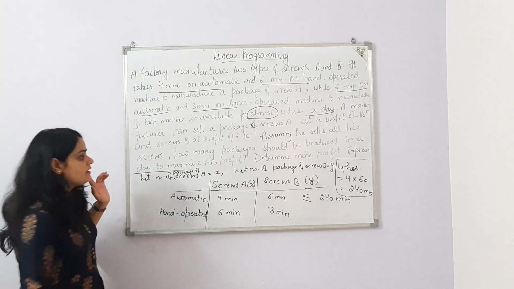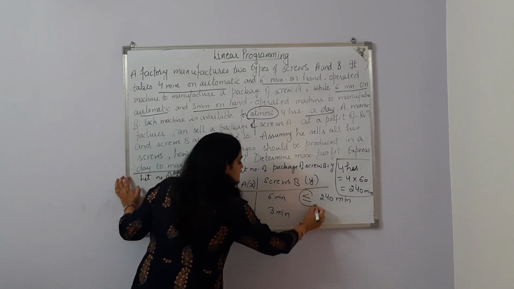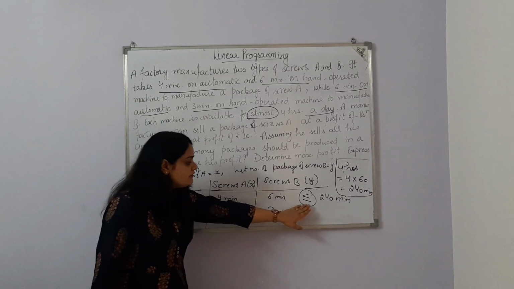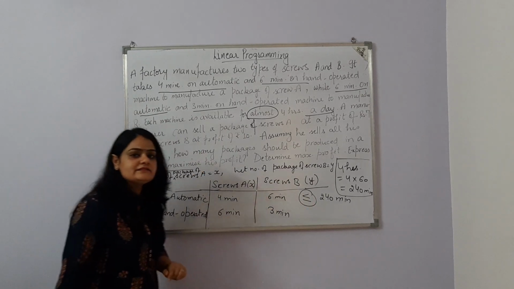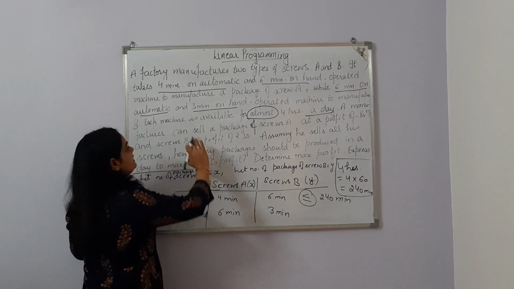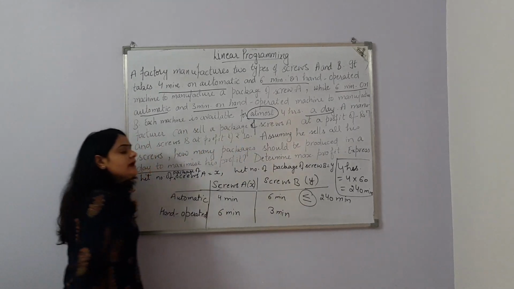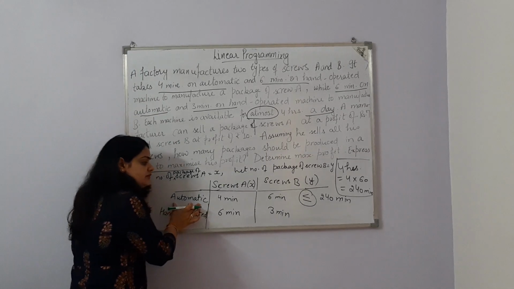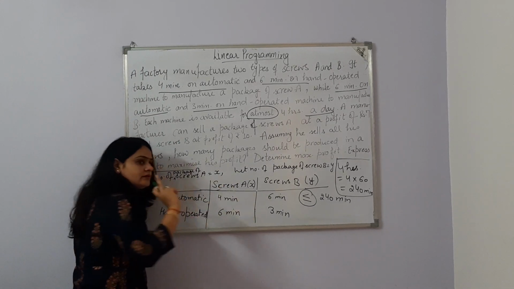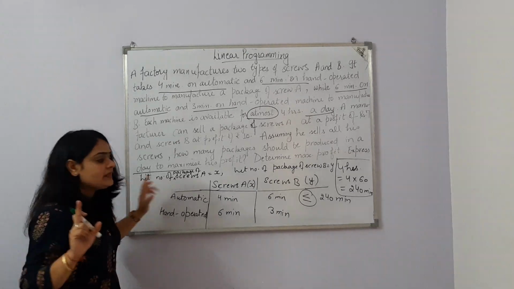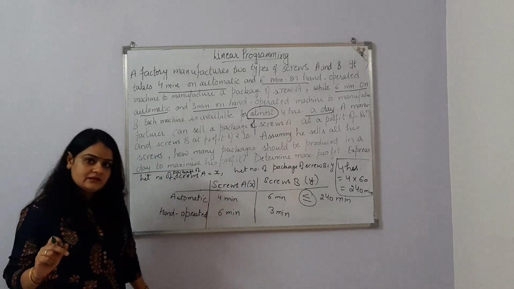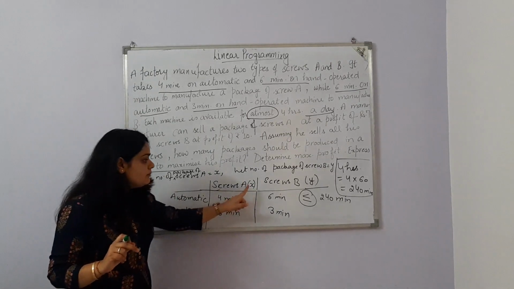Now we need to understand why we mark this inequality as less than or equals to. He is saying each machine is available for at most 4 hours, that means a maximum of 4 hours. The automatic machine takes 4 minutes for one package, and if there are total X packages, it takes 4X minutes.